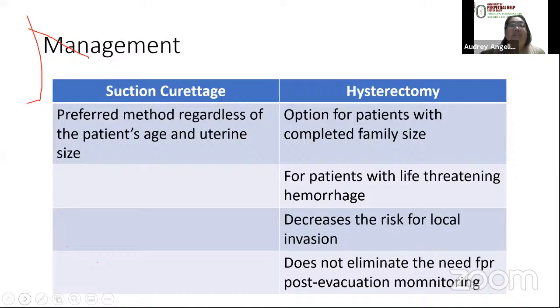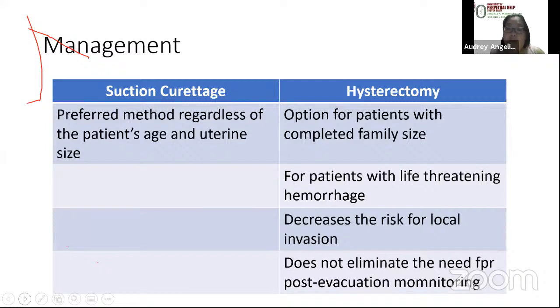To answer the question, you must know that there are two possible managements for hydatidiform mole. If your patient has not completed her family size yet, the ideal management is suction curettage.